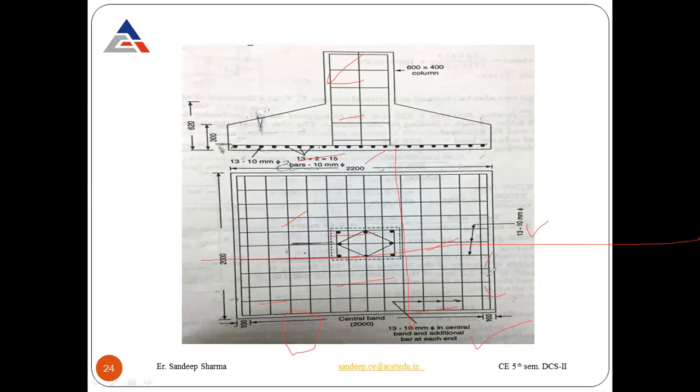So this one is the additional bar at each end on both sides. Is that clear to all?